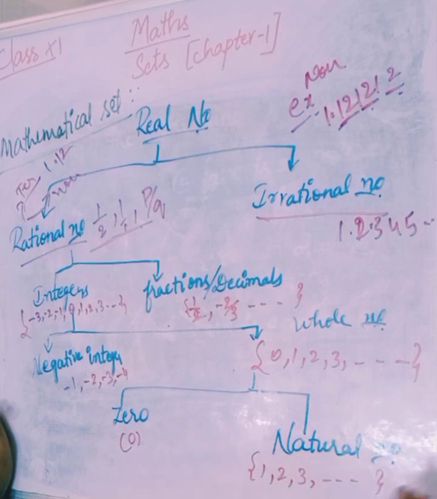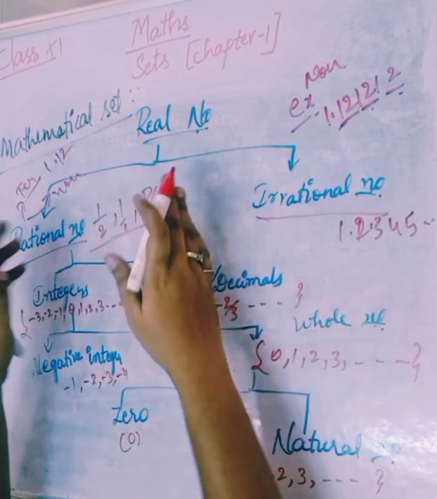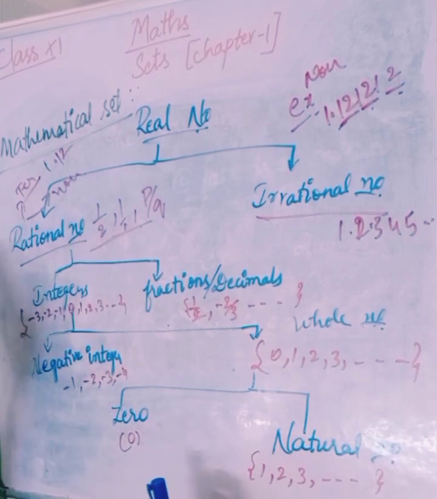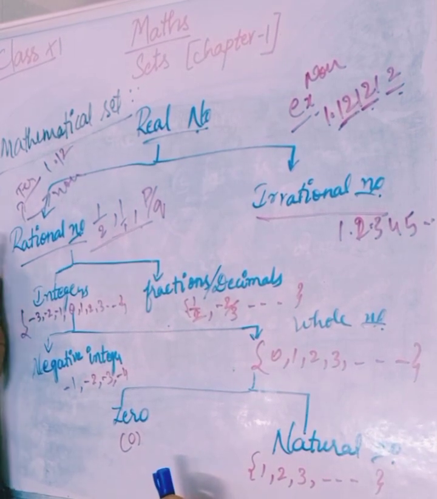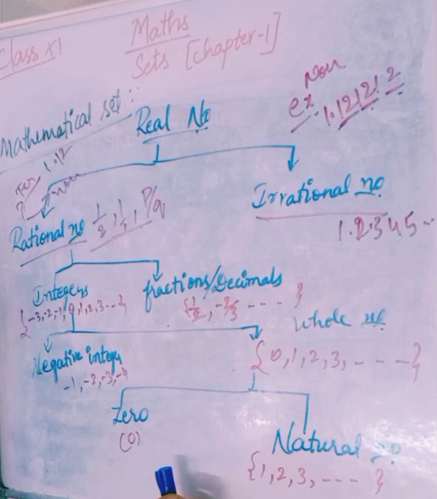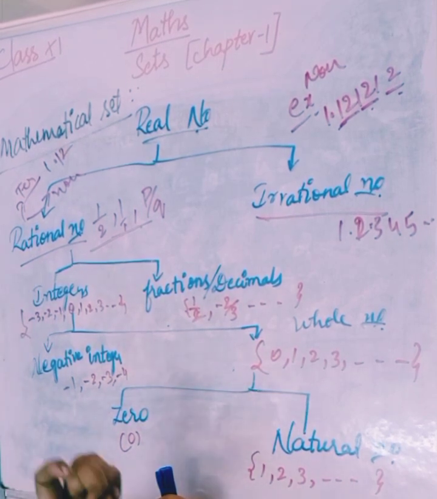Till infinite. Once again I'll tell, real numbers have two types: rational numbers and irrational numbers, that is a mixture of rational and irrational numbers. Rational numbers have two types: terminating and non-terminating. Terminating means it perfectly divides. Non-terminating means it won't perfectly divide, but it will have repeating digits after the decimal.